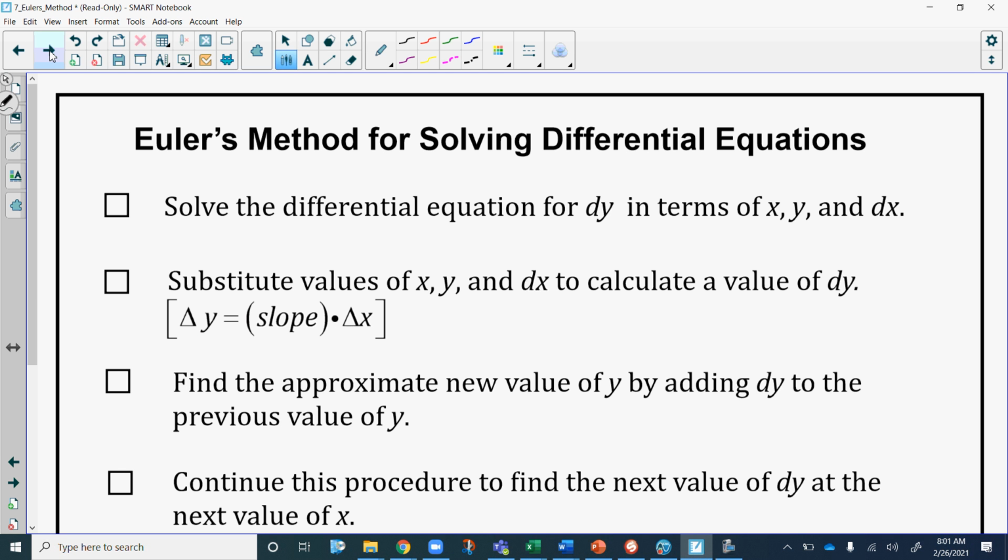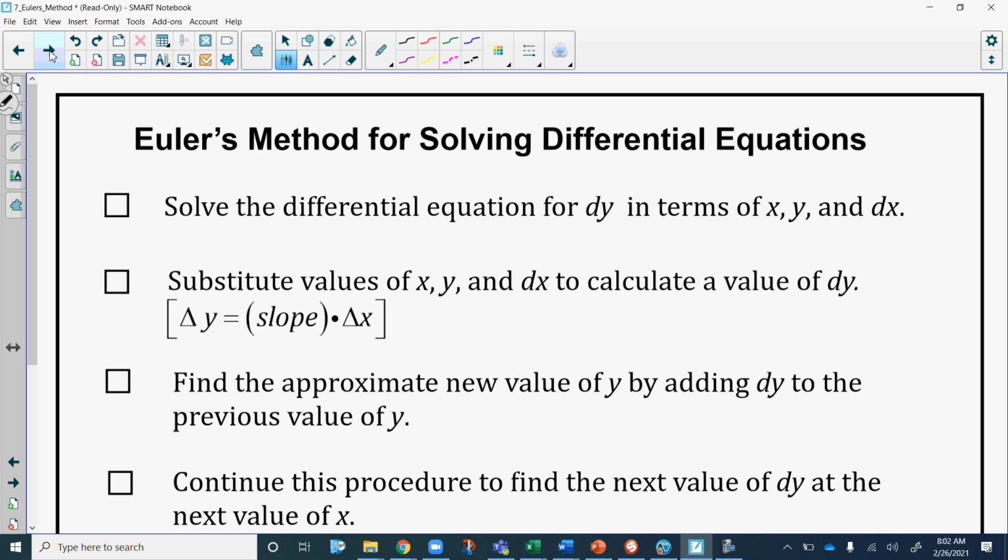So here, they're giving you some methods for solving differential equations with Euler's process. The first thing it says to do is solve the differential equation for dy in terms of x, y, and dx, and that's not what I did. I left the differential equation exactly as it was, and that's how I'm going to continue doing it. If you want to use that, it's fine. It'll give you the same solution, but I'm going to try to keep things consistent.